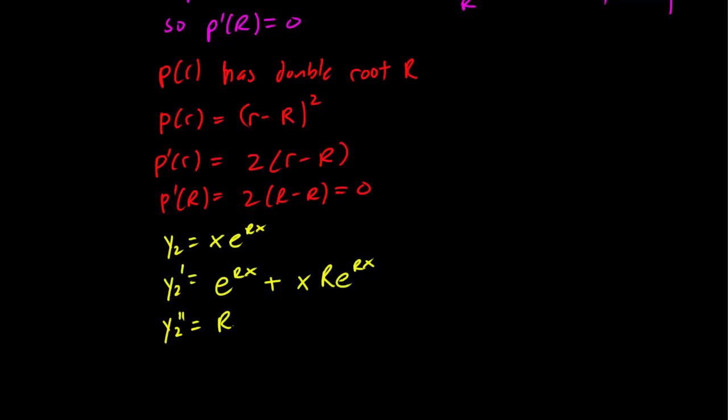Here we get r e^(rx) plus r e^(rx) plus x r squared e^(rx). Notice how the product rule here forces there to be two terms of this e^(rx) thing.